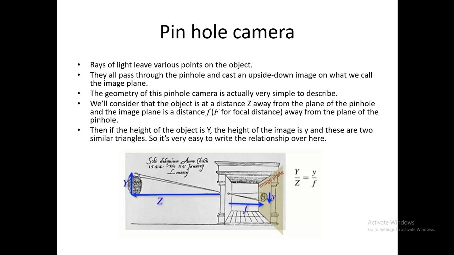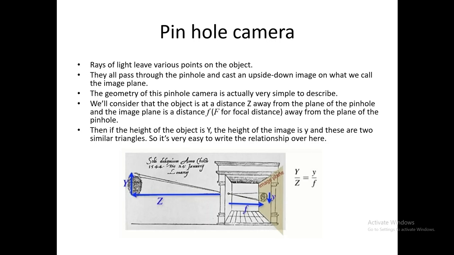The geometry of this pinhole camera is actually very simple to describe. We will consider that the object is at the distance z away from the plane of the pinhole, and the image plane at the distance f, which we call the focal distance, away from the plane of the pinhole.